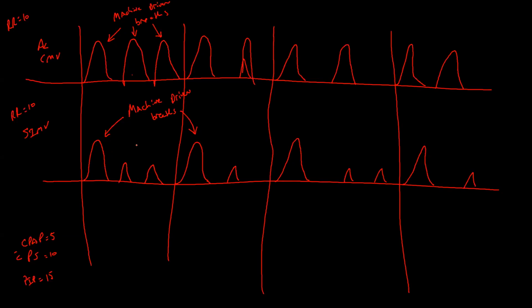It's not giving you that extra. Right. So it's not giving you an exact volume, but these machine-driven breaths, it is giving you an exact volume. So let's say we have 500.